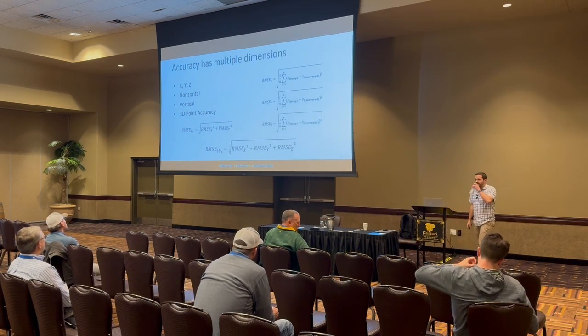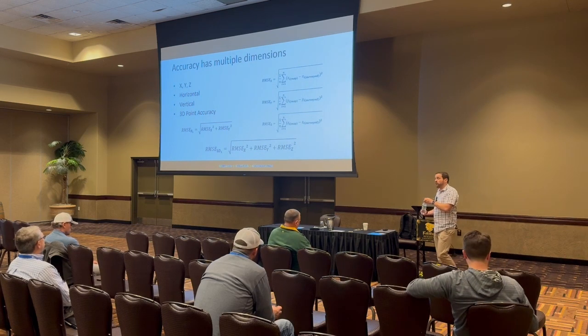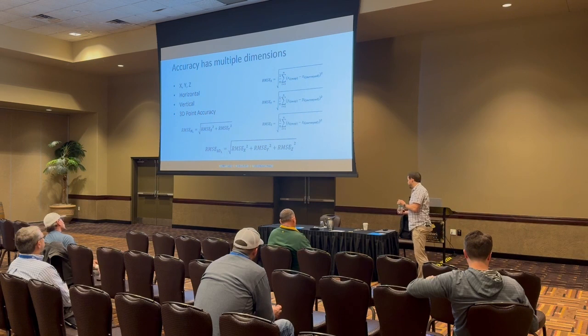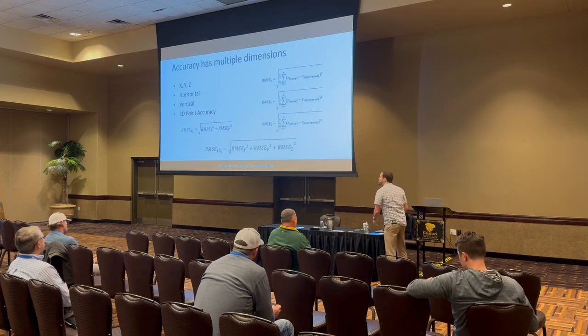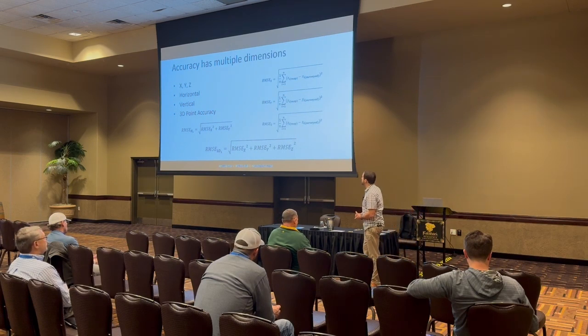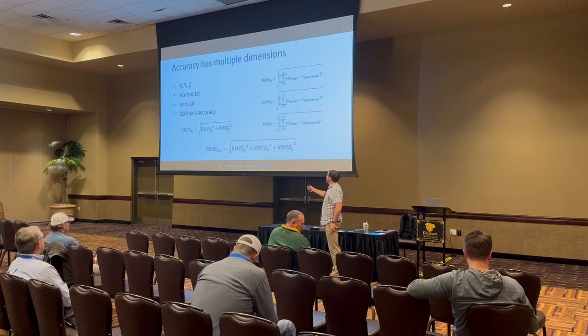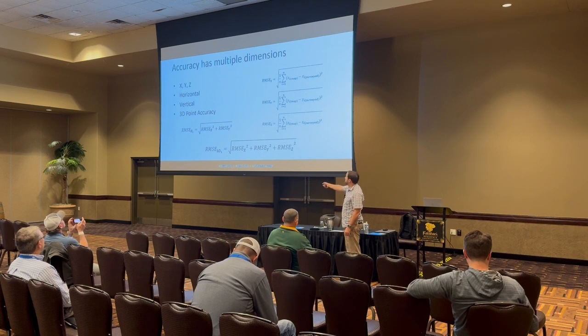Another thing to continue on with accuracy is noting that accuracy has multiple dimensions. People do often want to say this project accuracy might be a 10th, but we live in a three-dimensional world, so there are actually not only three, but even more than that forms of accuracy. There is accuracy in any one direction, X, Y, and Z. There is horizontal accuracy, which is a sum of squares of the X and Y accuracy.